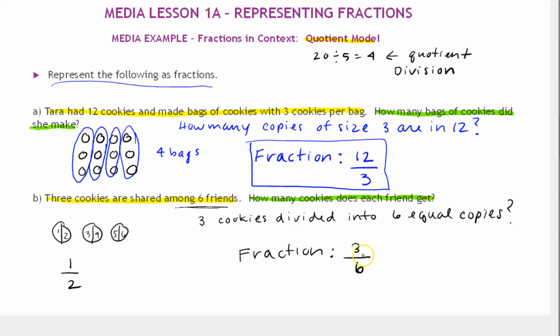And our resulting copy size will be 1/2. There's 1, 2, 3, 4, 5, 6 equal copies of size 1/2 in 3. So notice how these are a little bit different. They're both division problems, but they look at it from a different perspective, from a different missing value. In the next video, we're going to talk about the part-whole model of representing fractions.